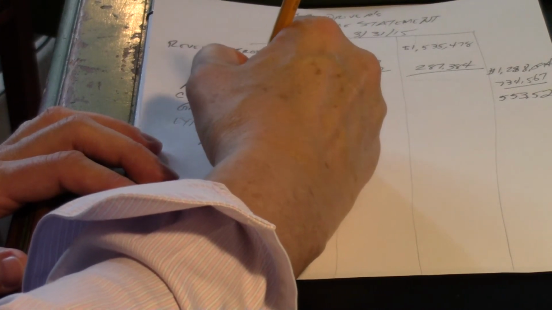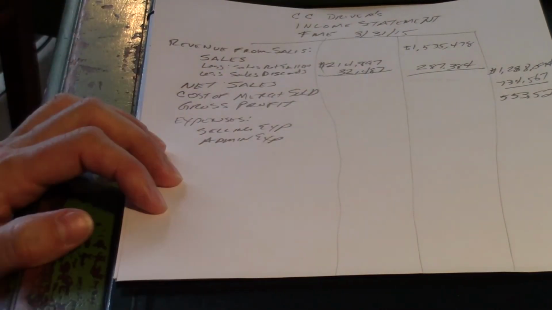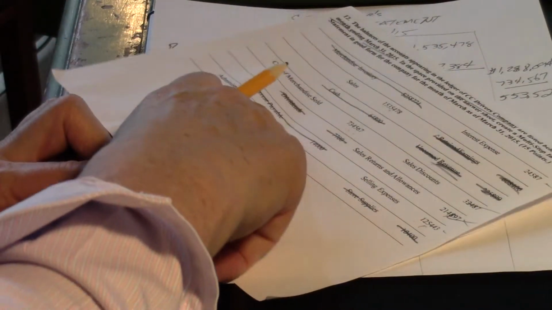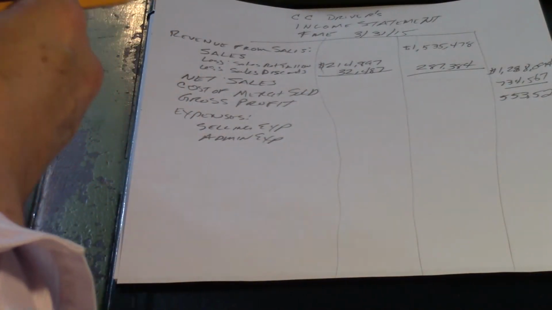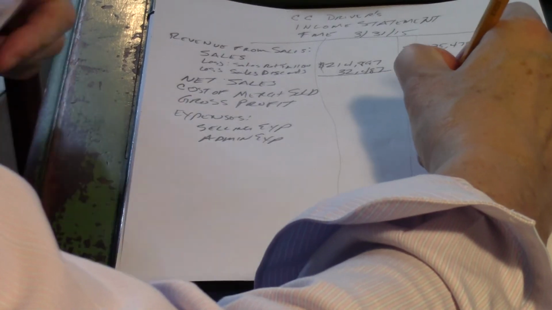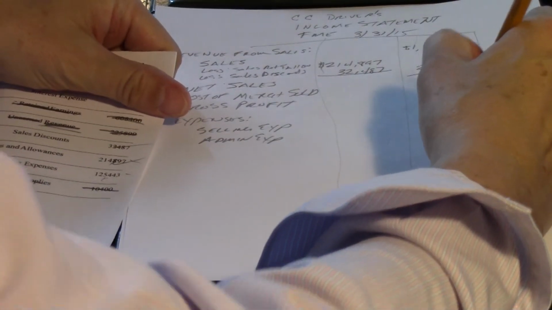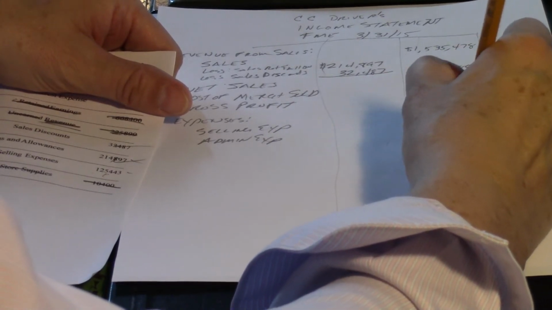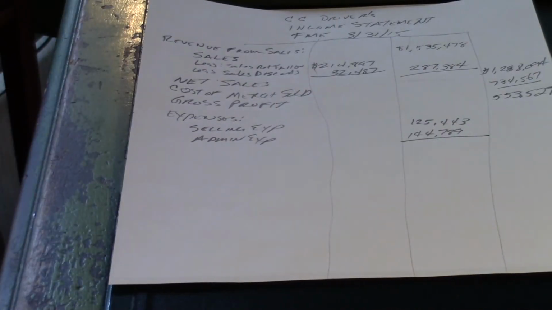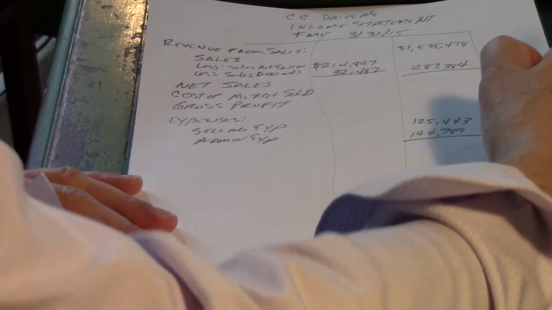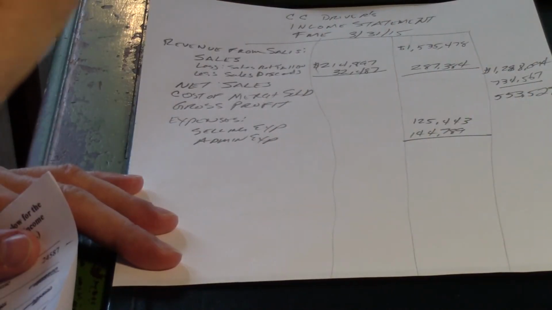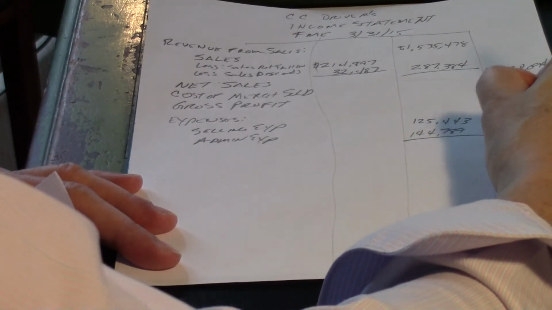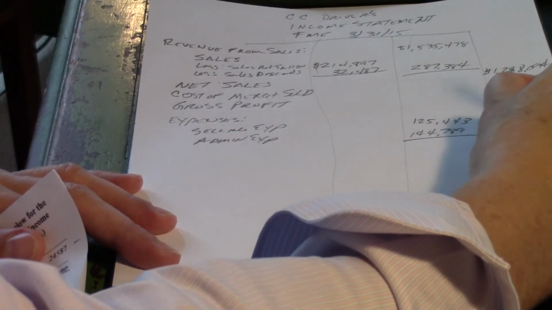And admin expenses of $144,789. Those total $270,232. So we add these and we get our total expenses of $270,232.